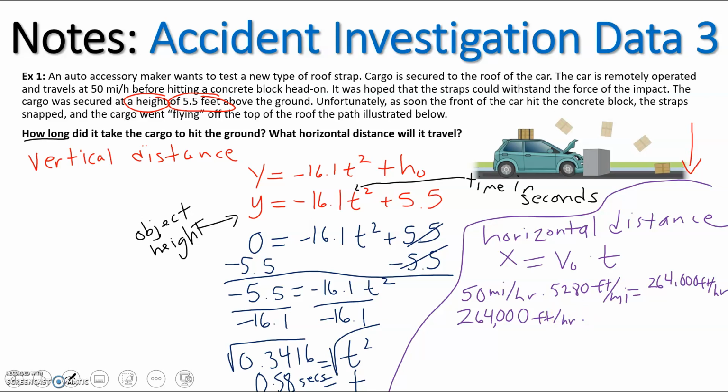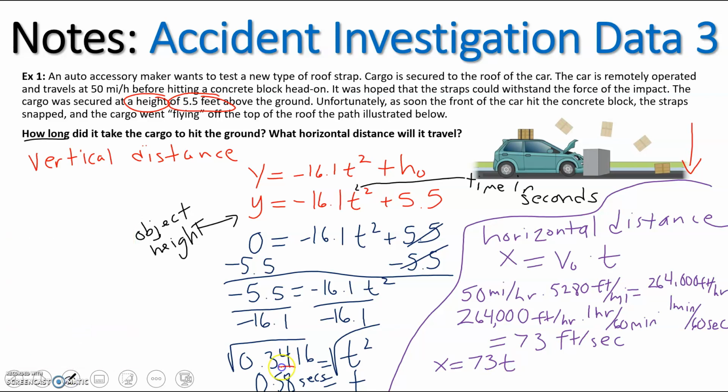So we know 1 hour has 60 minutes, and 1 minute has 60 seconds. So doing this conversion gives us 264,000 divided by 60 divided by 60, which gives us 73 feet per second. So we know that our horizontal distance can be modeled using x is equal to 73 times t, our time.